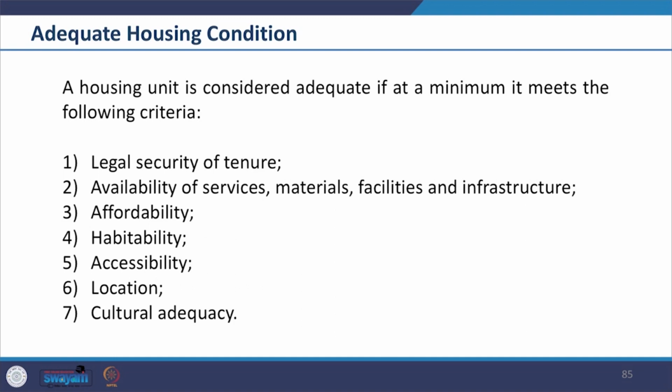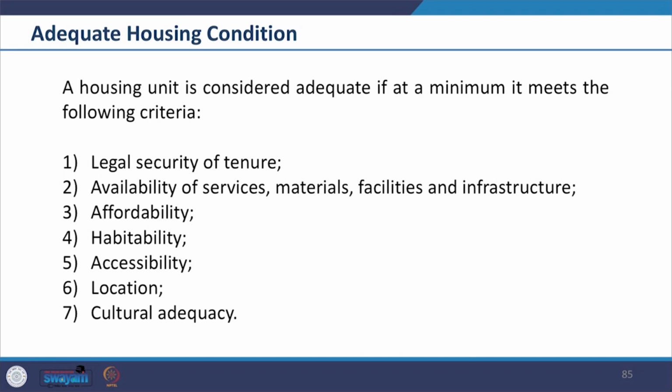Further, we see the consideration is about the location. A house is not adequate if it is cut off from the employment opportunities, healthcare services, schools, child care centers and other social facilities, or if located in dangerous or polluted sites or in immediate proximity to the pollution source. So, then also it would not be considered adequate.